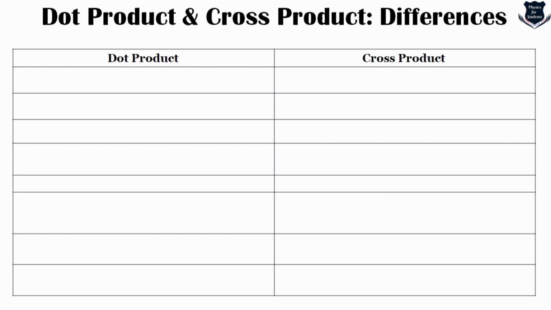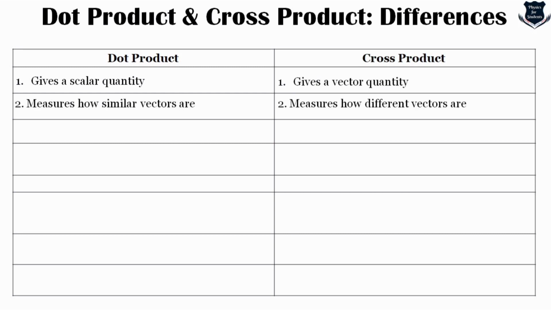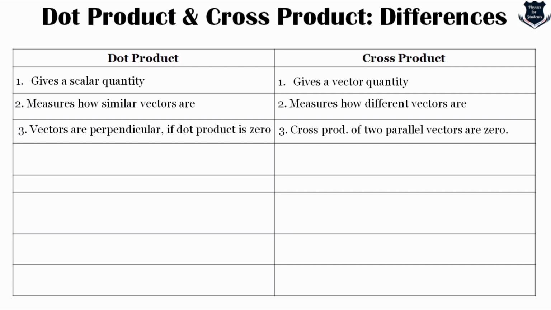Now we come to the difference between the cross and dot product. The dot product gives a scalar quantity, the cross product gives a vector quantity. The dot product measures how similar vectors are, the cross product measures how different vectors are. Vectors are perpendicular if the dot product is 0. The cross product of two parallel vectors is 0, right?